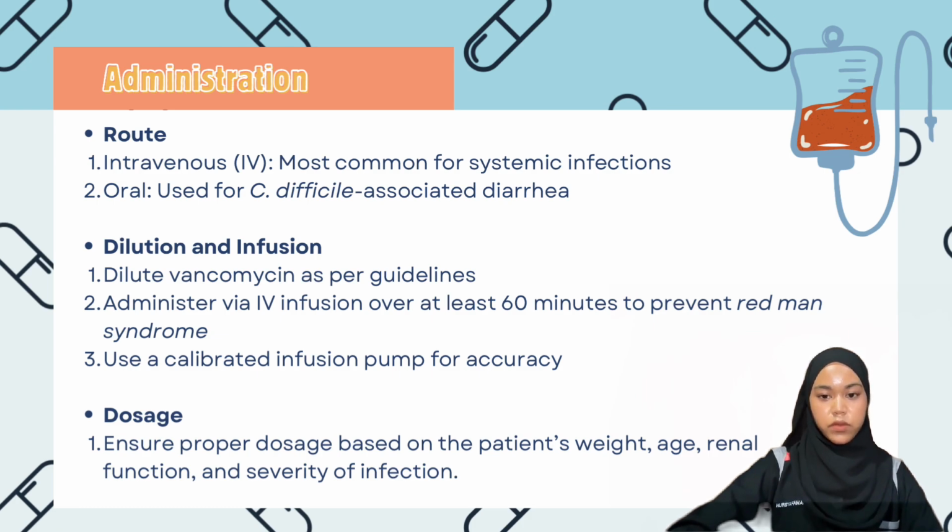A calibrated infusion pump should always be used to ensure accurate and controlled administration. Lastly, the dosage must be adjusted based on the patient's weight, age, renal function, and the severity of the infection.